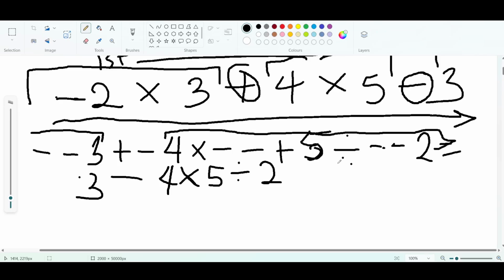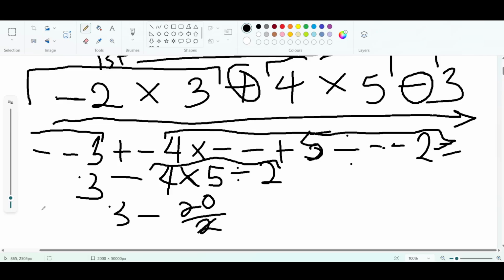So at this point, we can see clearly that this expression from here to here is within a single term, right? It's within a single term. So it's now going to be 3 minus 4 times 5, that is 20, divided by 2. So it's going to be 20 all over 2.